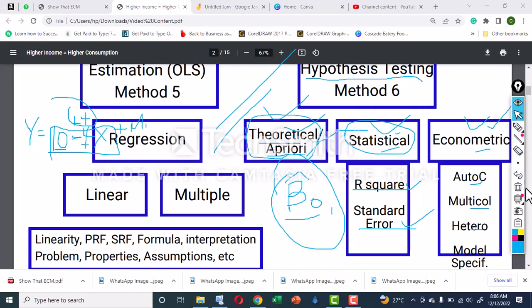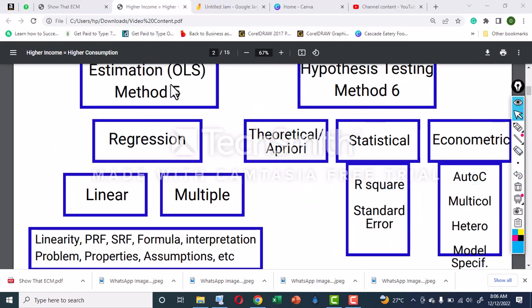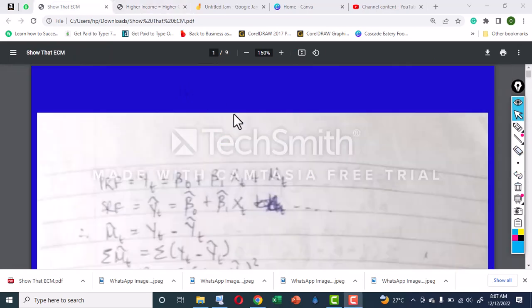So let's go back to proving our formula. The first formula we are trying to prove is our beta 1 and beta 0 formula, the formula that we used to get our beta 1 and beta 0. Mind you, these two formulas have various forms, like 2-3 formulas each.